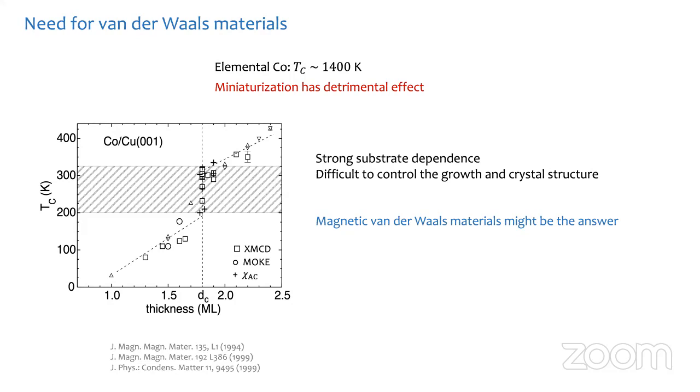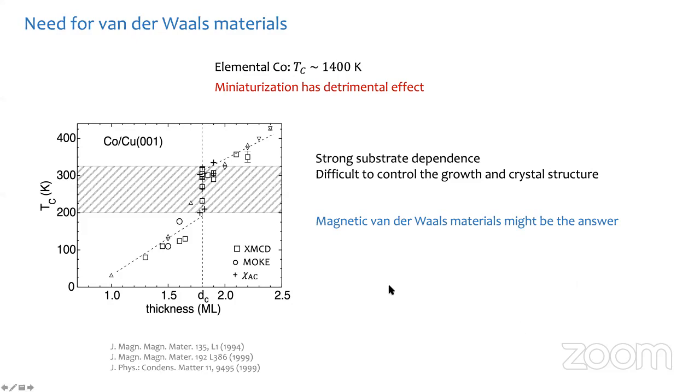The reason is that, as you might already know, thinning down a material will degrade its ordering temperature. But again, you might argue that since the ordering temperature in the bulk is very, very high, it has a lot of room to go down.